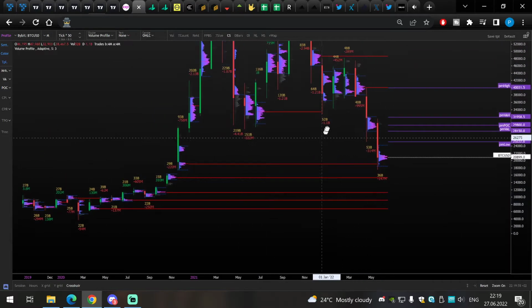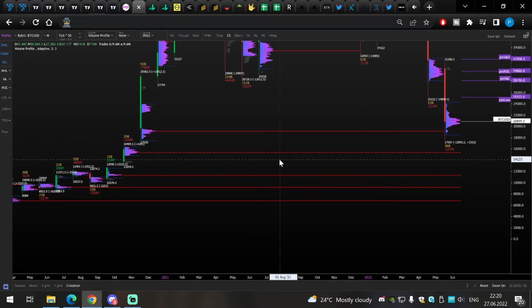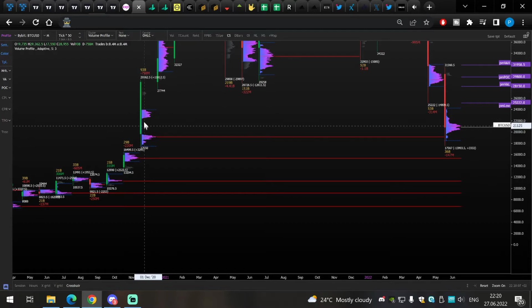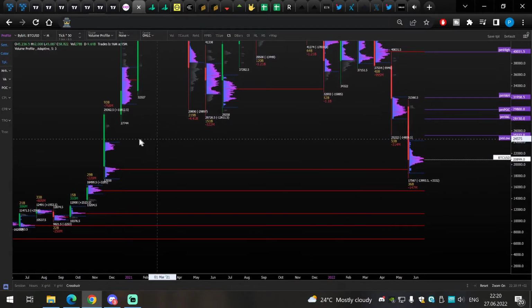Zoom out. Imagine the market as a handyman, a repairman, and the market always wants to repair some inefficiencies. You see there were vampire teeth here, nothing in between, where we are building volume when there is no volume. This is like future preparation for another possible bull run. You want to have strong volume on most areas. This is filled now, but you see where we have inefficiency over here from 24,200 to 26,550.